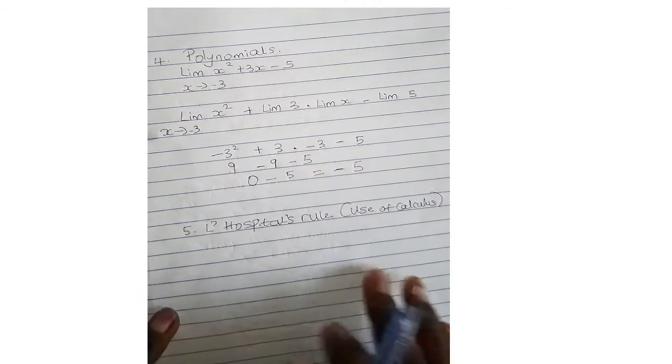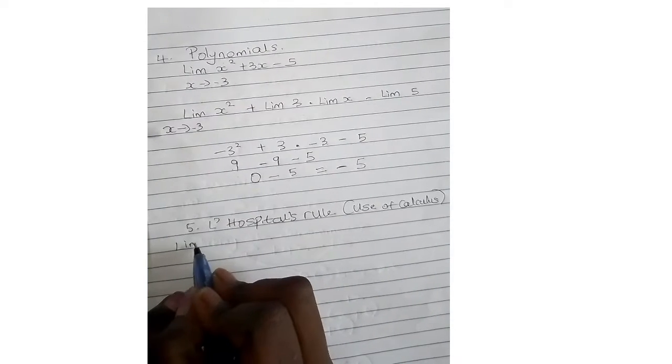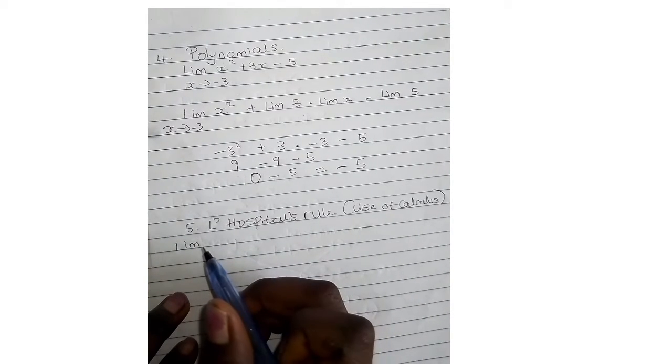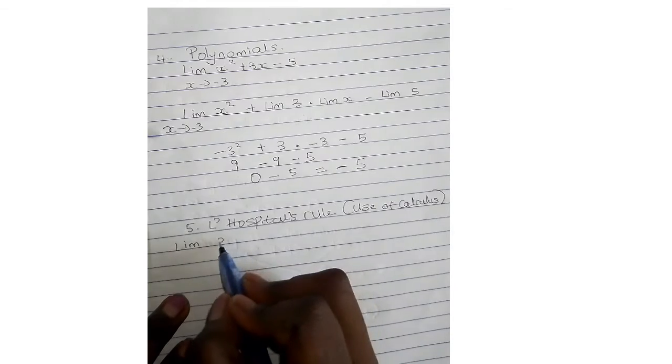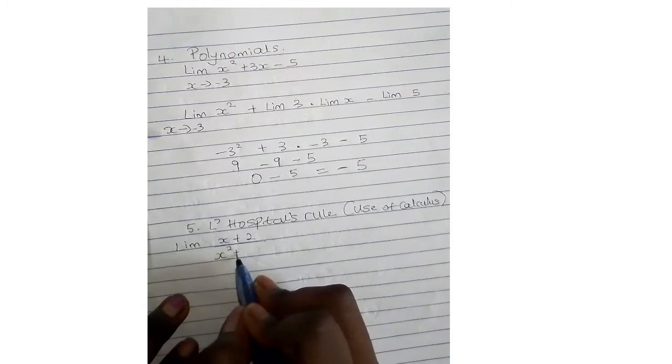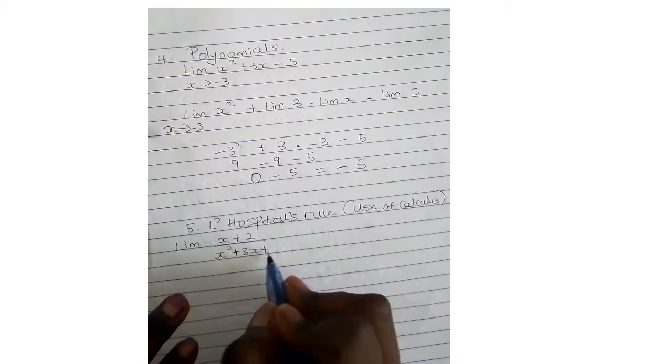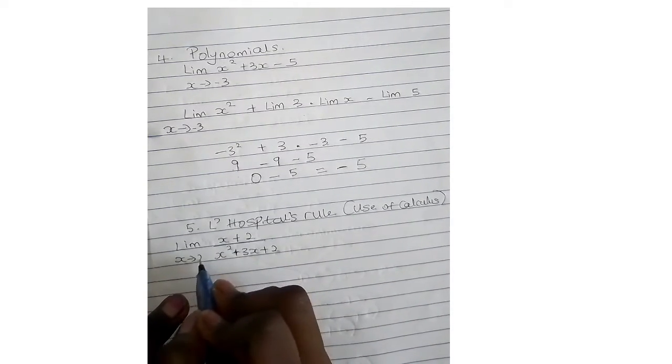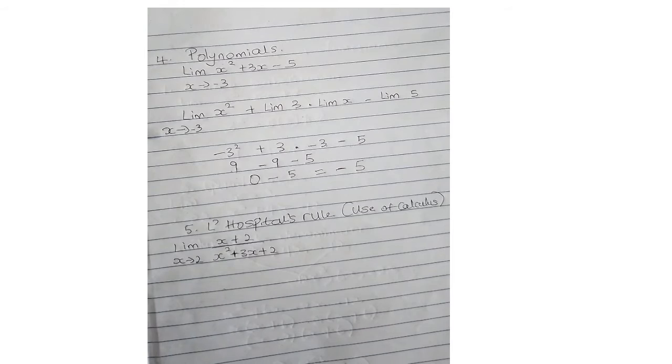Okay, so I'm going to get a question. We have the limit of x plus 2 over x squared plus 3x plus 2 as x approaches 2. So in this case, this is what we're going to do. We're going to differentiate both the numerator and the denominator.